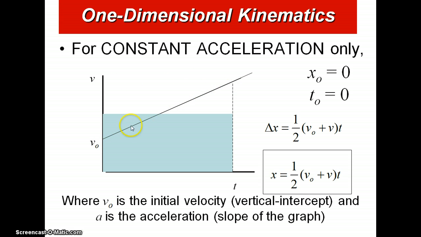That is, the height is equal to 1/2 (v plus v naught), multiplied by delta t, which gives me the displacement. Delta x is equal to 1/2 (v naught plus v) times t. Using the fact that x naught is equal to 0, delta x becomes equal to x, and I have the equation x is equal to 1/2 (v naught plus v) times t. That's a second kinematic equation.